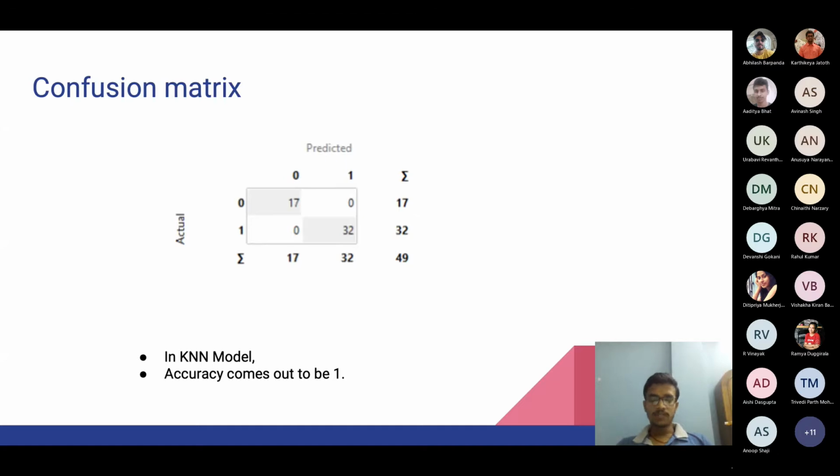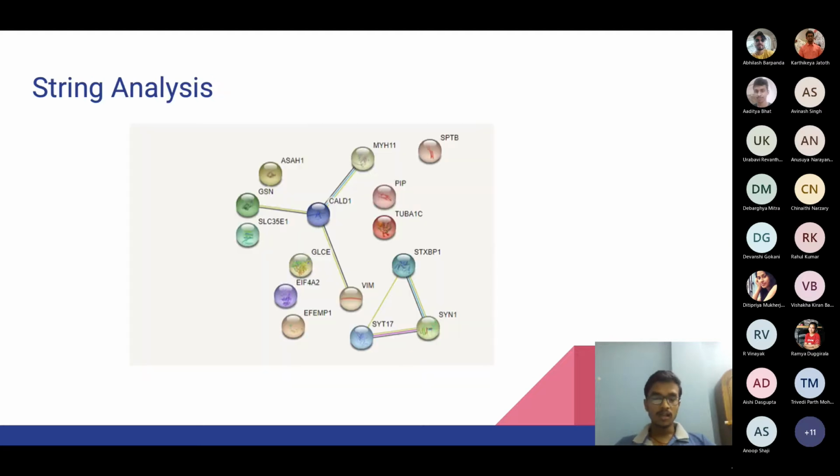After doing the analysis, it was found that the KNN model had the maximum accuracy, which turned out to be 1, and this was the confusion matrix derived from the KNN model. The 15 proteins obtained from the analysis were the same proteins used in Orange, and they were also taken forward for the STRING analysis, which gave this result.